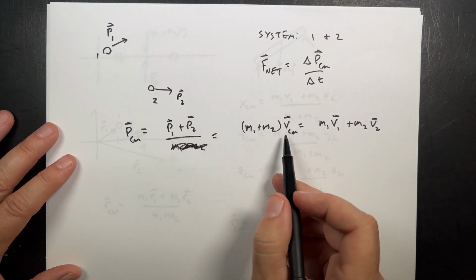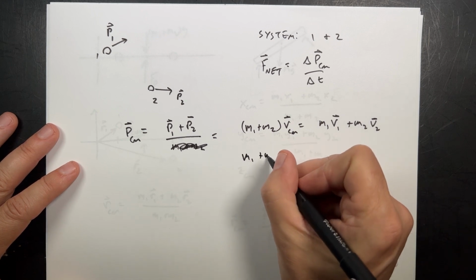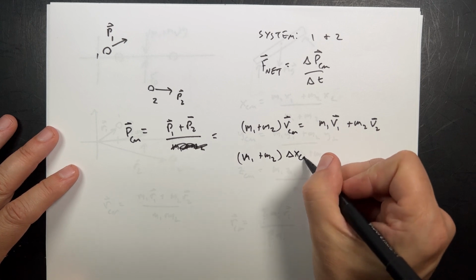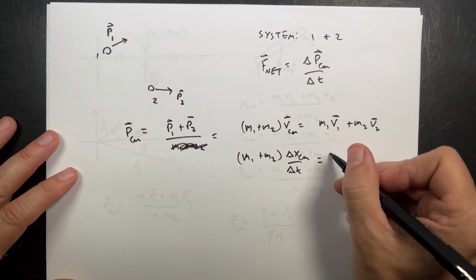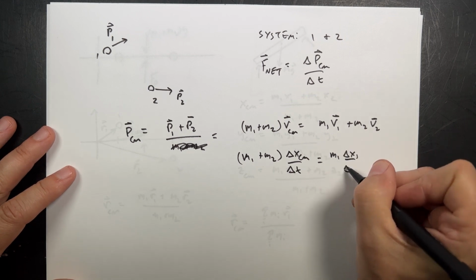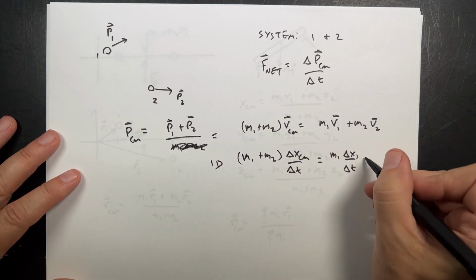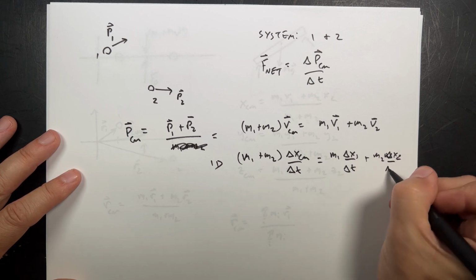Now let's write the velocity as the change in position with respect to time, and I get M1 plus M2 times delta x center of mass with respect to time, and that's equal to M1 delta x1 with respect to time. Oh, I'm going to just do this in 1D. I should have done that as R's. Plus M2 delta x2 with respect to time.